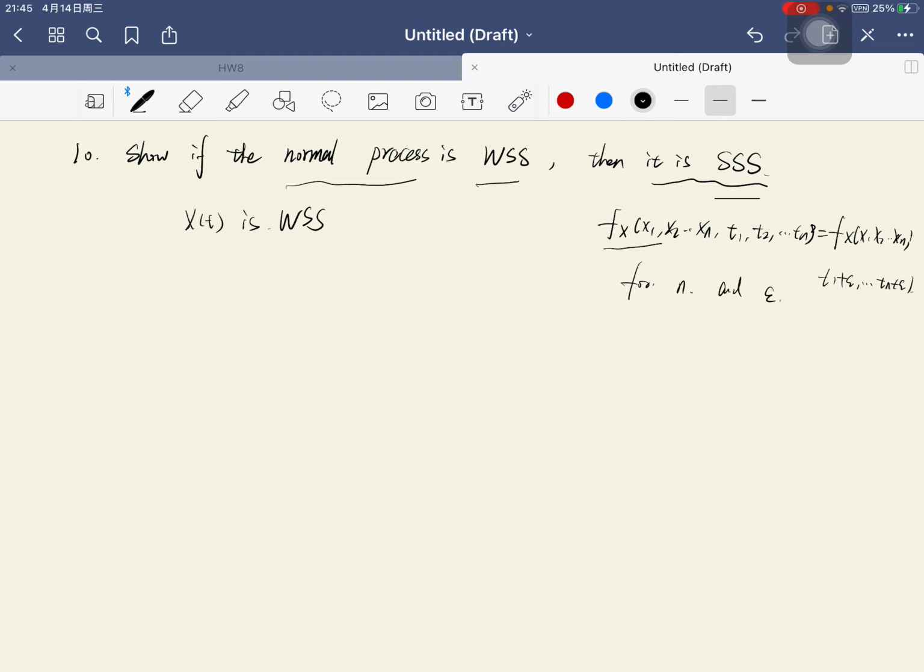So the time shift does not influence the density function. That is the strict-sense stationary property, and in this condition we only know that X(t) is wide-sense stationary.